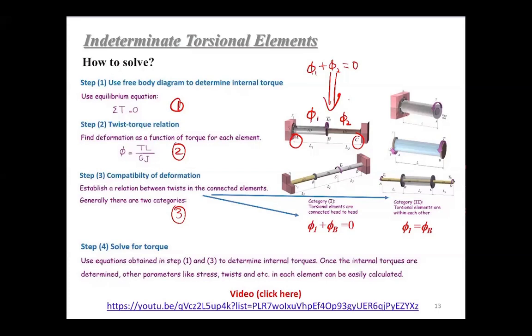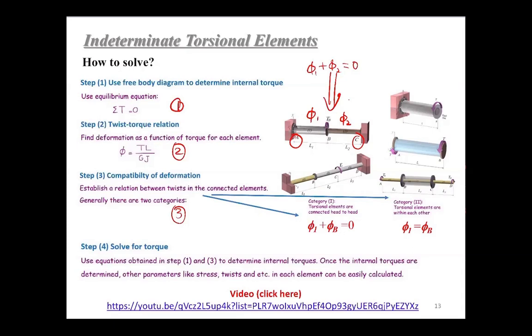And here in the second case, you have 2 elements bonded together or connected using, just be familiar with these keywords, perfectly bonded together, or connected using 2 rigid plates. In the descriptions of problems, you can see this kind of words.